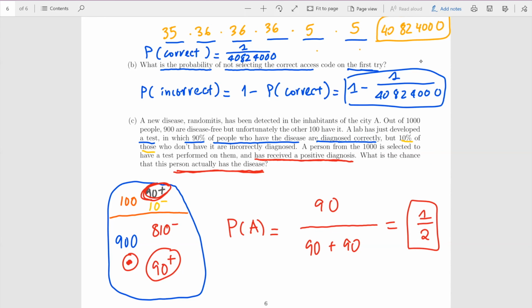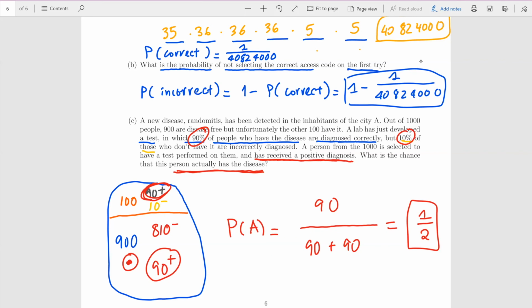What does it tell you about this test? This test is not a really reliable test, because if you test positive, the chance of having the disease is only 50%. But if you did not calculate these probabilities correctly, you might say, oh, 1,000 people, 90% got diagnosed correctly, and only 10% are misdiagnosed.